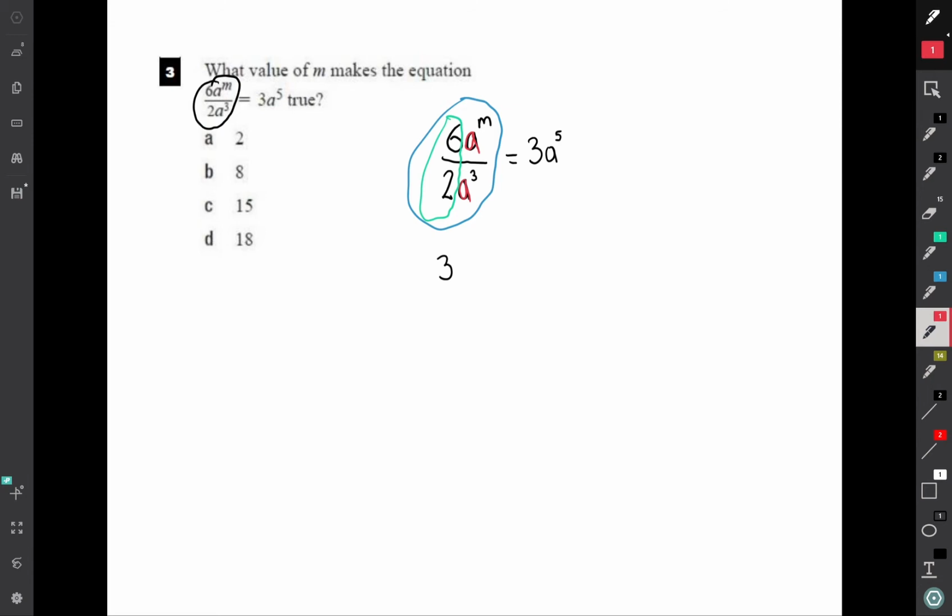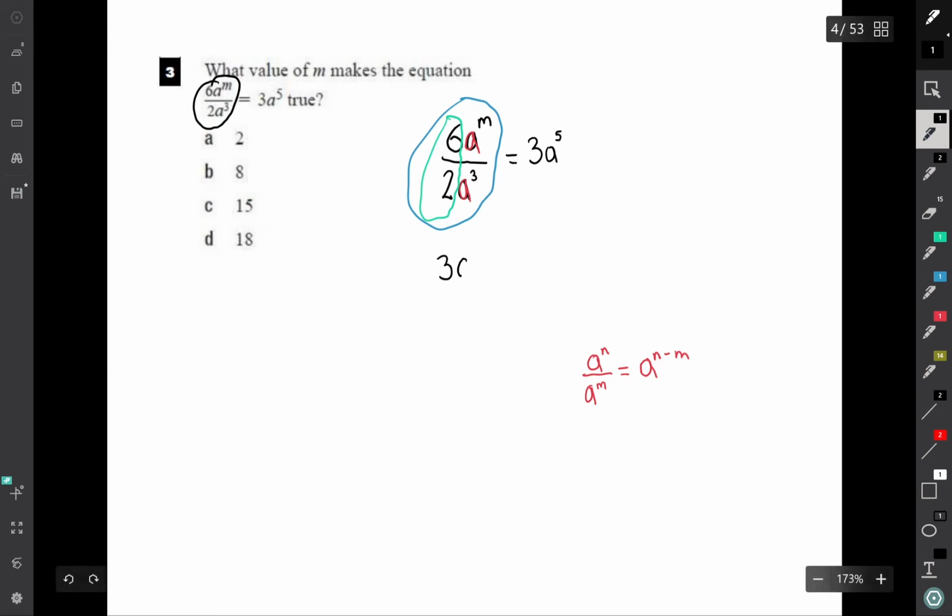Remember that a exponent n over a exponent m simplifies to a exponent n minus m. Therefore, a exponent m divided by a exponent 3 we can write as a to the exponent m minus 3, and that's equal to 3a exponent 5.